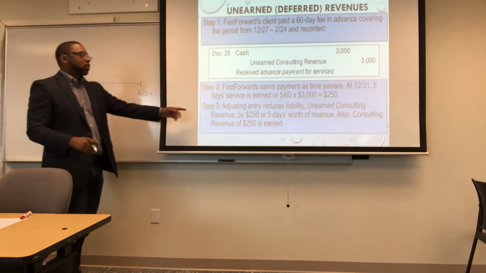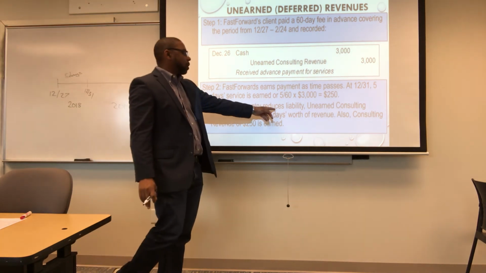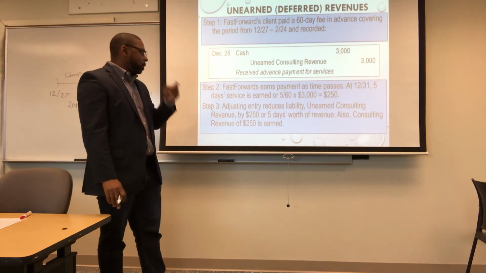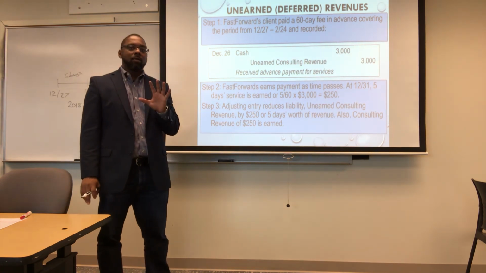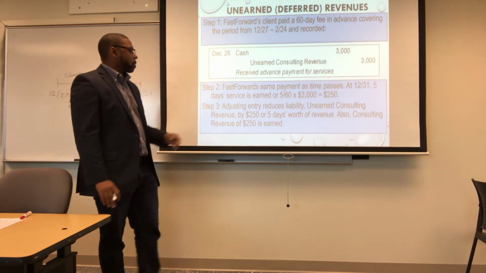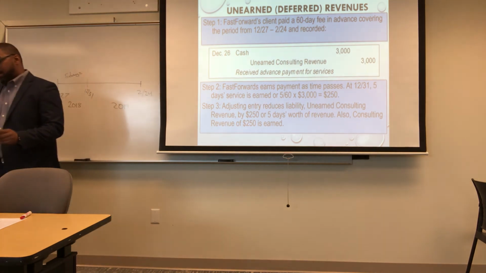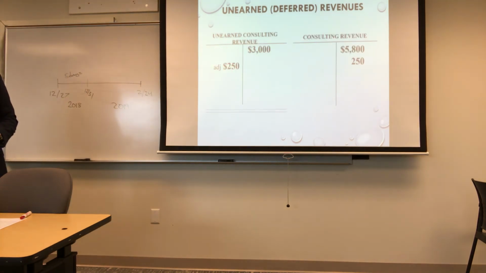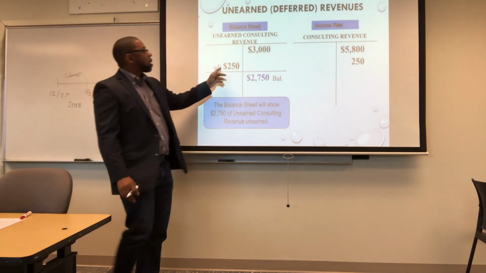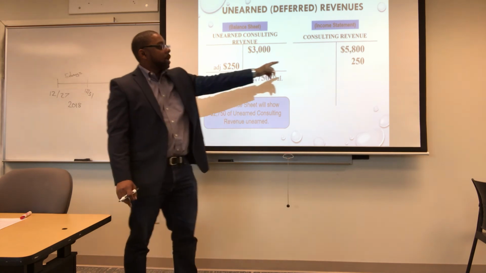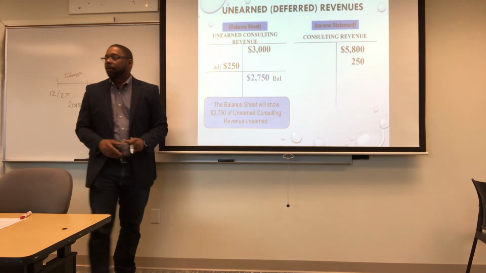So how do we do this? We need to make an adjusting entry reducing the liability by $250 for those 5 days, right? How does that occur? How does that happen? Well, we're going to debit our unearned revenue and credit our revenue account.